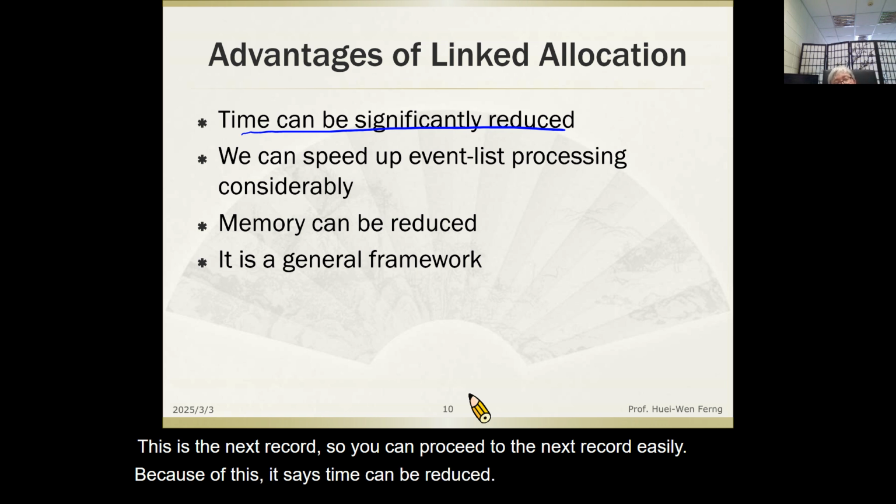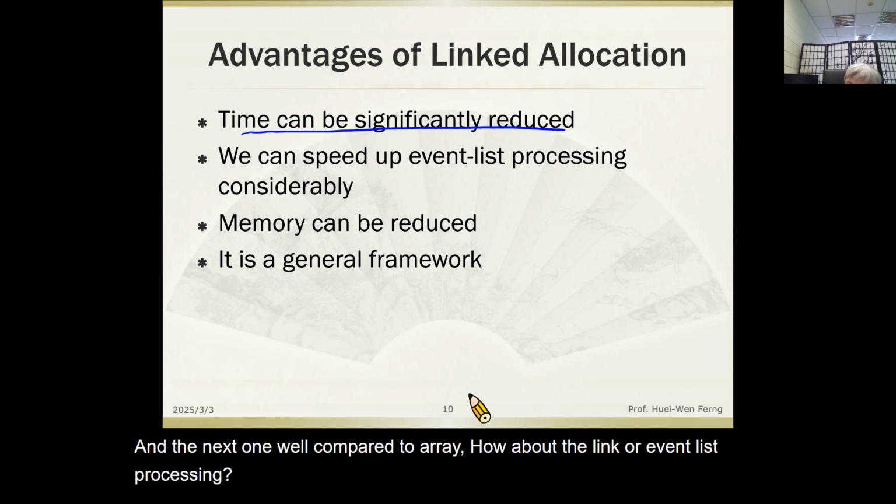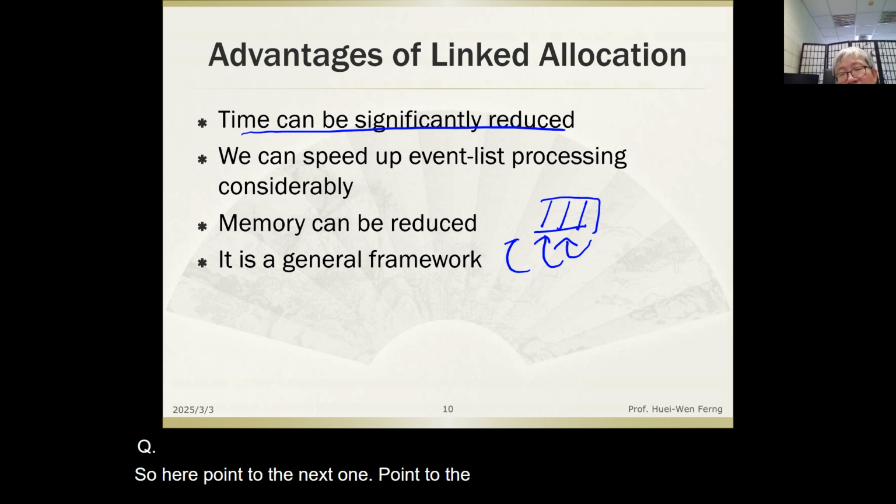And next, compared to an array, how about the link or event list processing? If I talk about a queue, the queue points to the next one, points to the next one, and points to the next one.